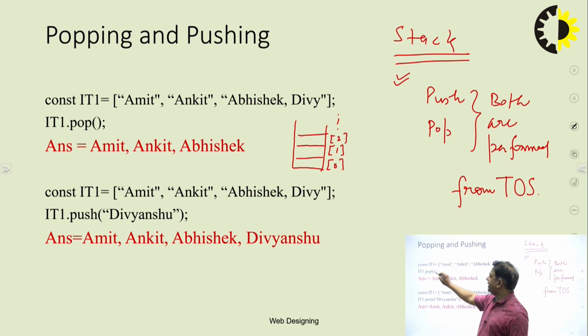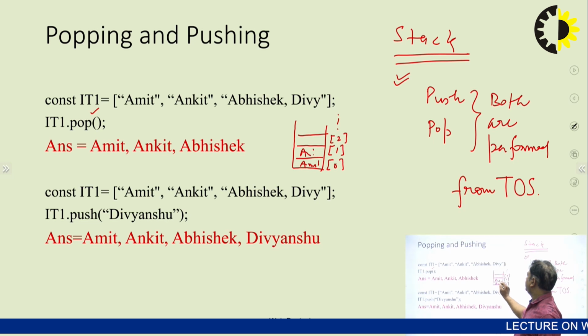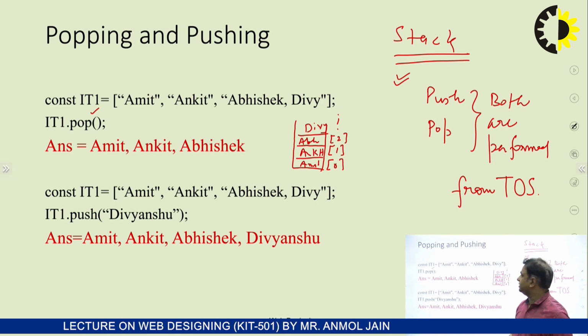Suppose we have an array it1 with 4 elements, 1, 2, 3, 4. So Amit is here, Ankit is here, Abhishek is here, and Div is here. What element is on the top of this stack? That is Div.